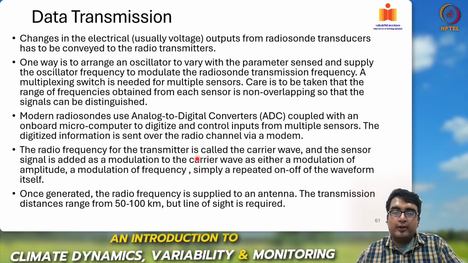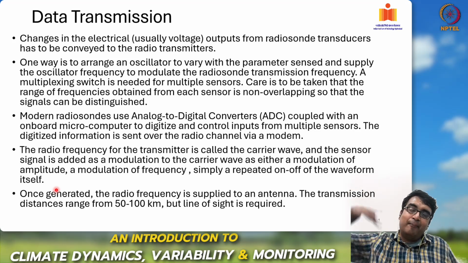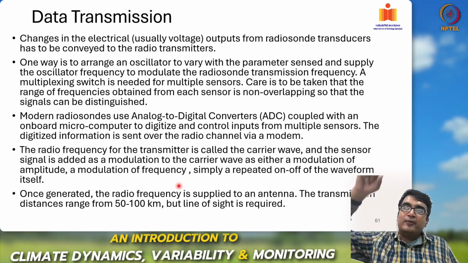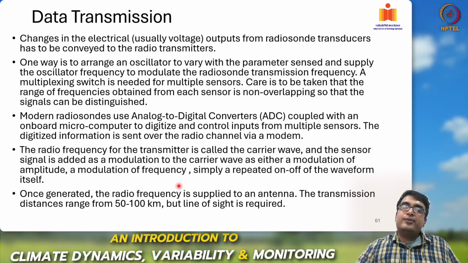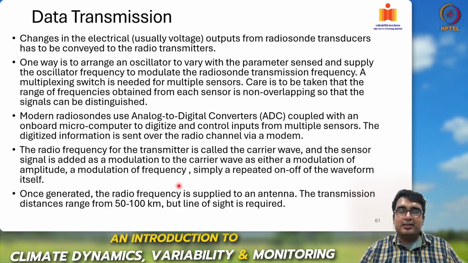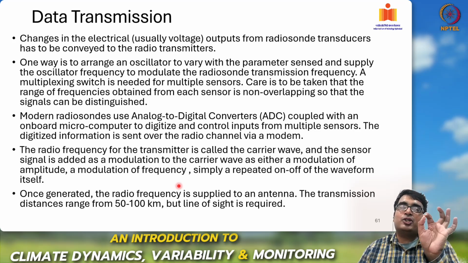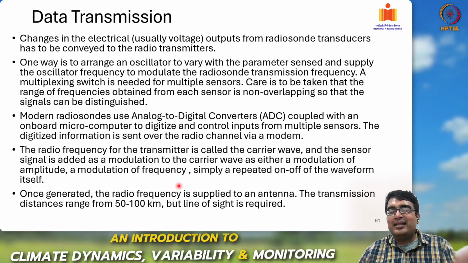That is what we were speaking of, either a modulation of amplitude, so the change can be in the amplitude of this audio wave, or a modulation of the frequency, the rate at which the waves are moving up and down, or simply a repeated on-off of the waveform itself. So, if it's pulse data, maybe one pulse creates a stop of the basic signal and the next pulse creates an on of the basic signal.